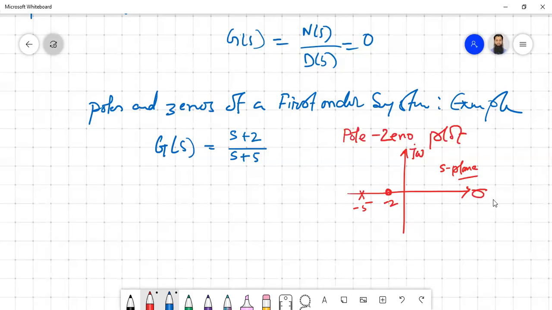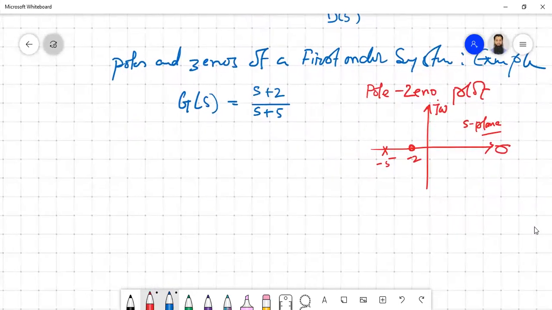From the transfer function, you can see that there is only one pole, the pole at -5, and a zero at -2. Okay, so let us try to examine how these poles and zeros are contributing to the properties of the response.